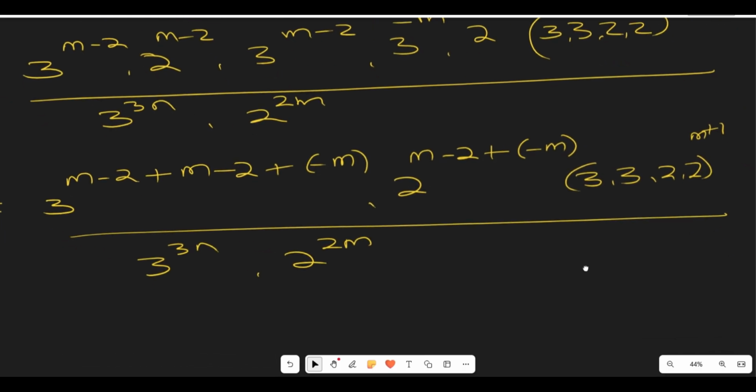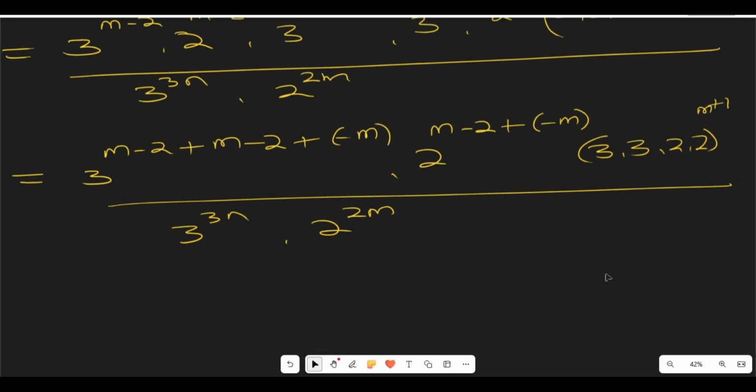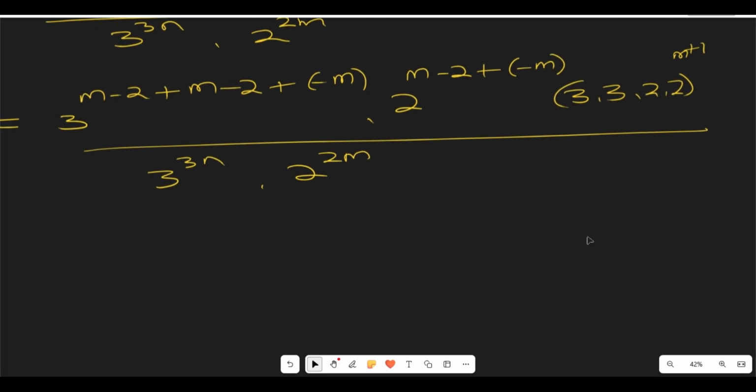So let's create space again, and then now let us reduce that one. So m plus m minus m. So it means now we will have 3 to the power m.